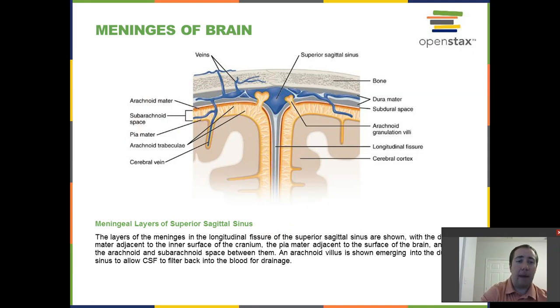And so we have a space between the pia mater and the arachnoid mater, which is the subarachnoid space. Above that, we have the dura mater, the subdural space here between them. But the dura mater does go down in the longitudinal fissure. They all do. The whole thing just wraps around and goes down in the longitudinal fissure.